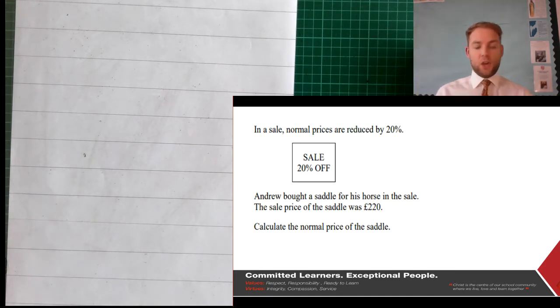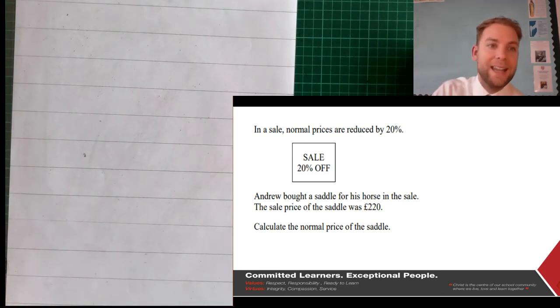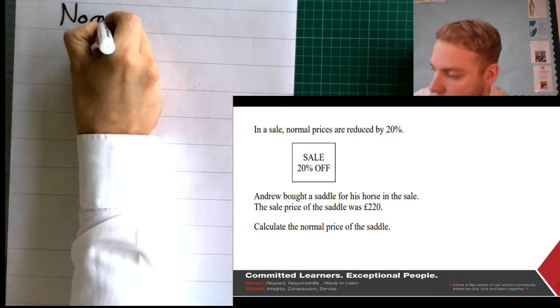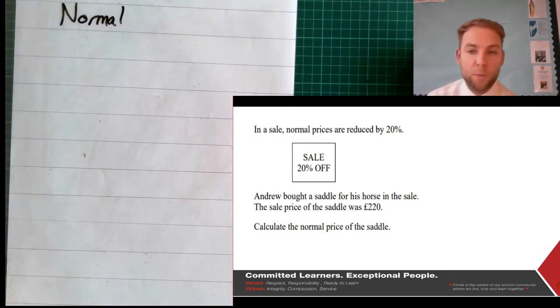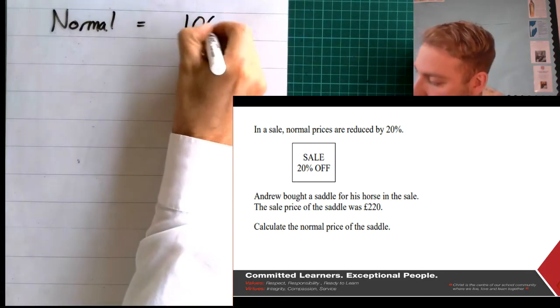Okay, so there's 2 things we need to think about. What is the normal price of our, in this case, saddle for the horse, and what is our new price for the saddle of the horse? Okay, so straight away it says that in a sale the normal prices are reduced by 20%. So my normal price is worth 100%.